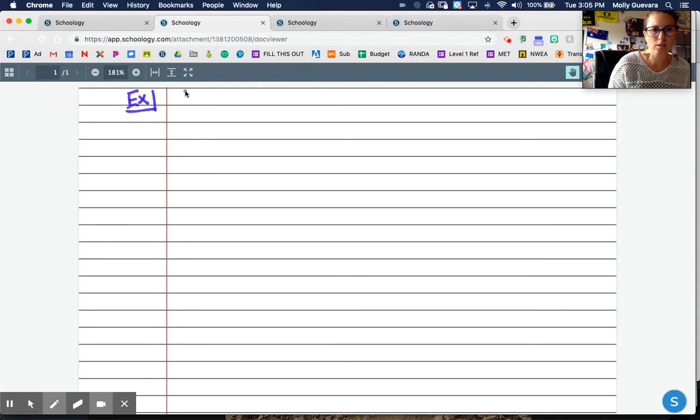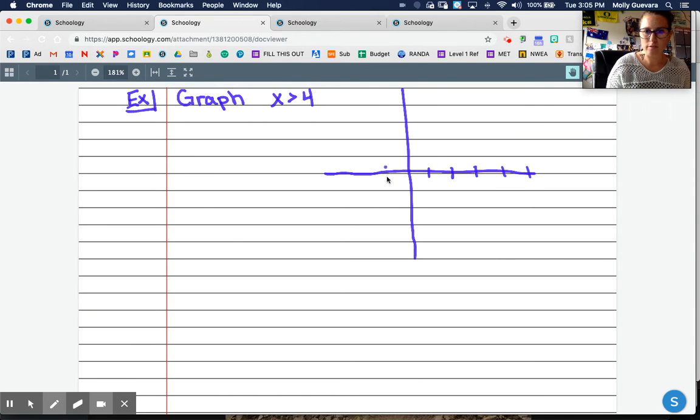which is we want to graph x is greater than 4. So I'm going to draw my graph. I'm just trying to make your graph as pretty as possible, right? All right. So this is an inequality. But first we need to look at what does the line even look like, right?